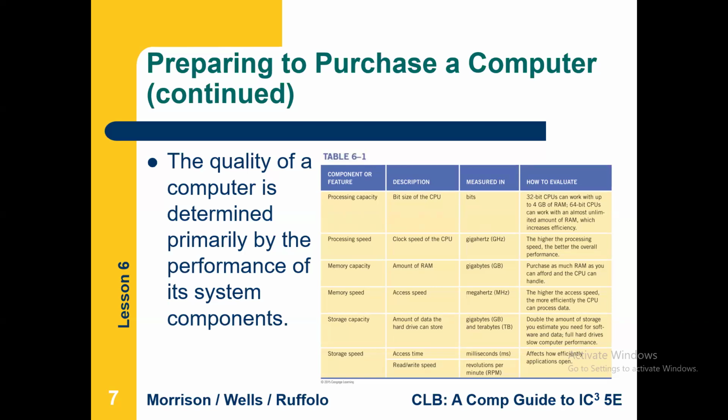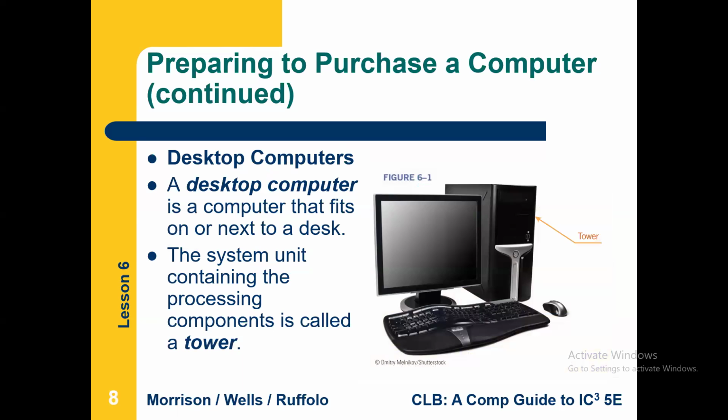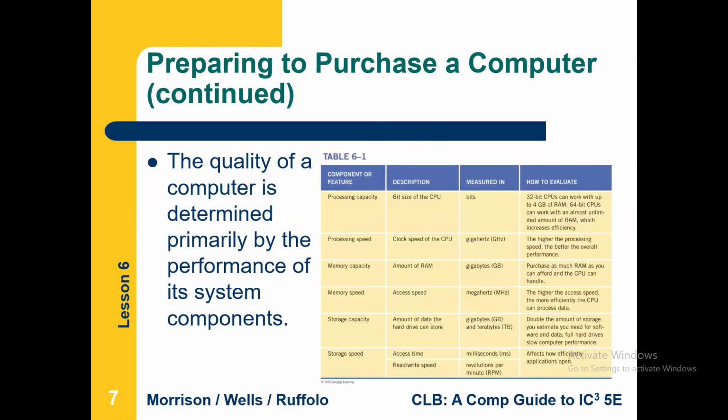So these are the components that you are actually paying for whenever you are trying to purchase a computer system. So whenever you have any PC and you want to assess the performance of the system, then you need to look at these components. And these components will tell you how the system will perform.